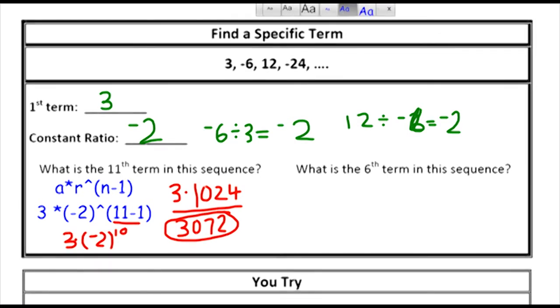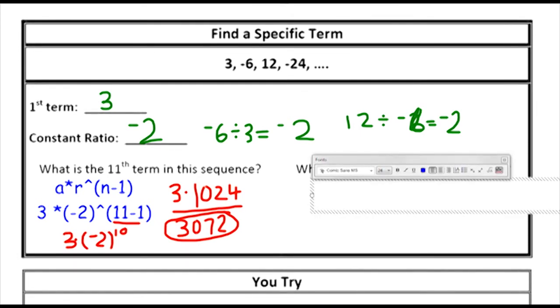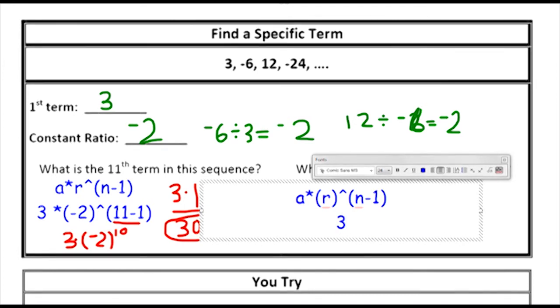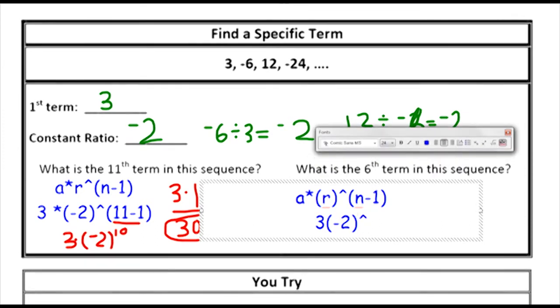So we have A times R to the n minus 1 power. A is 3, negative 2 is R, and I'm trying to find the 6th term. So I'm going to end up doing 6 minus 1. Now we chug. Now it's our order of operations time. I know that 6 minus 1 becomes 5.